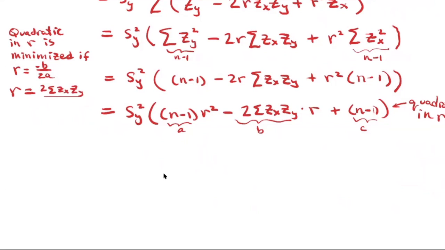A is n minus 1. So you'll do 2 times n minus 1. Okay, and we can cancel these 2's. So this is the formula for the slope in the zx, zy plane. r has to be the sum of zx times zy over n minus 1.